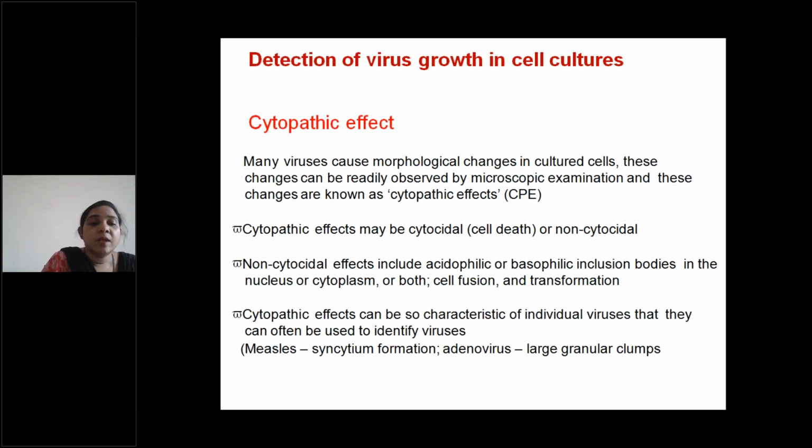Non-cytocidal effects include eosinophilic or basophilic inclusion bodies in the nucleus or cytoplasm. Cytopathic effects can be so characteristic of individual viruses that they are mainly used for identification of the virus.